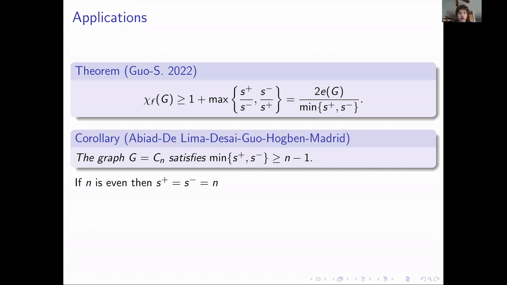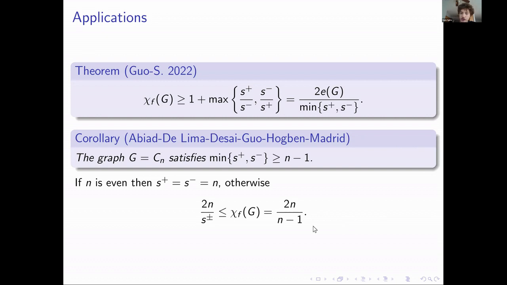So let's see it. First of all, if you have an even cycle, your graph is bipartite, S plus equals S minus, and everything is even. For odd cycles, though, this lower bound of ours gives you exactly 2n over S plus S minus for the fractional chromatic number. And it's well known that the fractional chromatic number of an odd cycle is this quantity here.